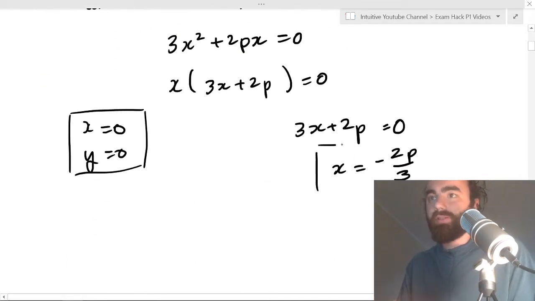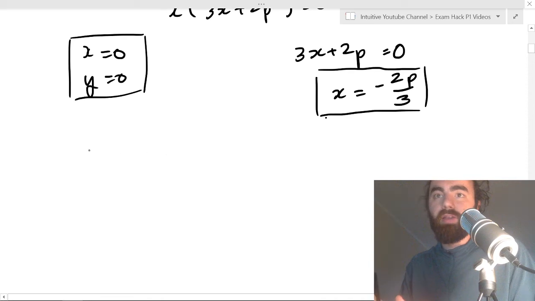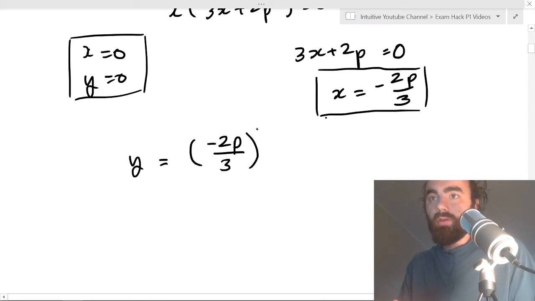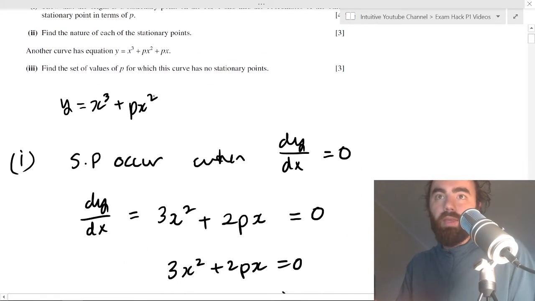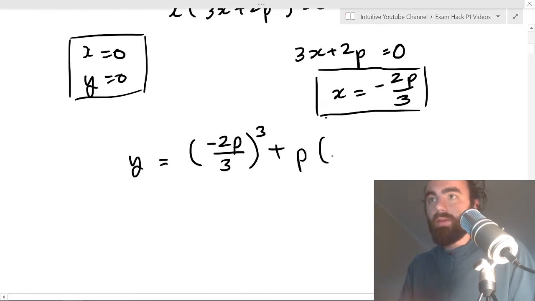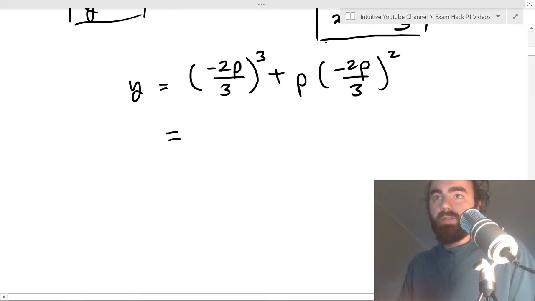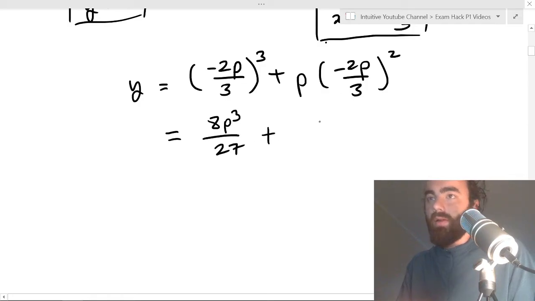Now it wants us to find the second one, so we simply plug the x value into our y. We get minus 2p over 3 cubed, plus p times minus 2p over 3 squared. So this gives us minus 8p cubed over 27, plus 4p squared times p, which is 4p cubed over 9.